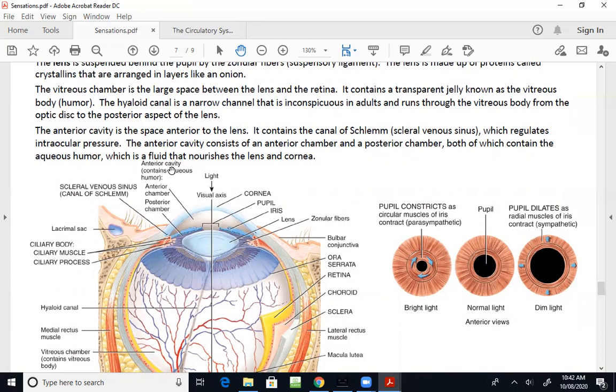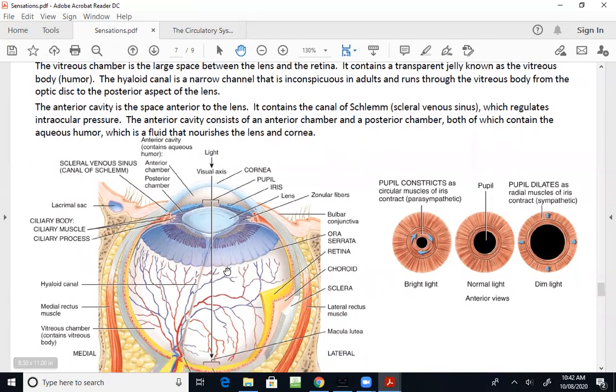There's actually 2 parts to the anterior cavity, an anterior chamber and a posterior chamber. Both of those have the fluid called aqueous humor. Also associated with this cavity is what we call the sclerovenous sinus or canal of Schlemm, which helps regulate intraocular pressure, so pressure within the eyes.